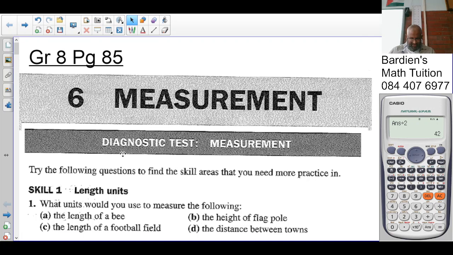Right, for homework I would like you guys to do measurement extension. You do for me number 1, ACE. It's on page 100, okay? 1 ACE. Number 6.